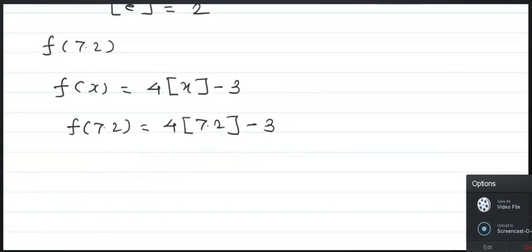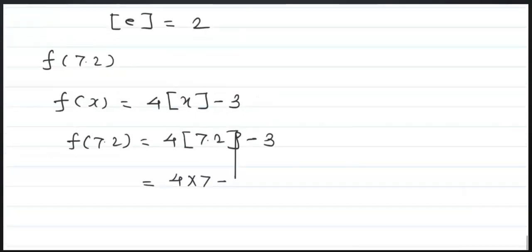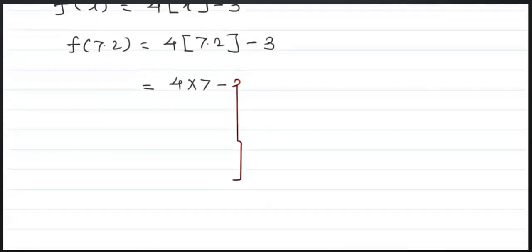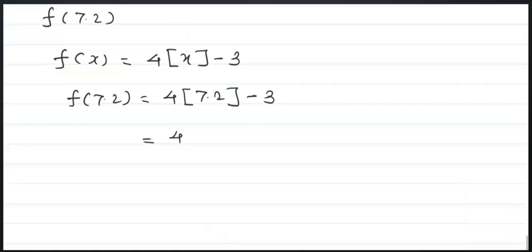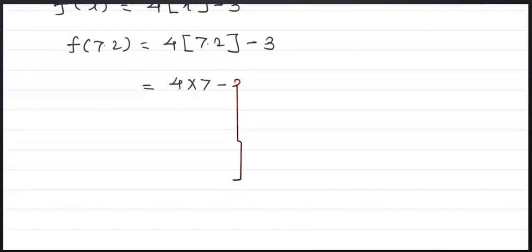That is 4 into 7 minus 3, which is 28 minus 3, and that is equal to 25. This is the answer. Now next is B, f of 0.5.